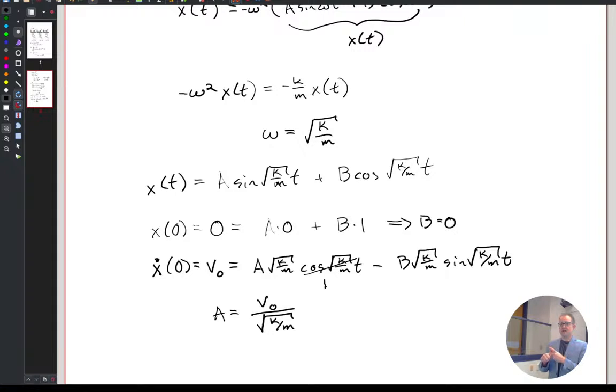So I solved for b, solved for a. That means there's nothing left. I started with x of t being some kind of sines and cosines.